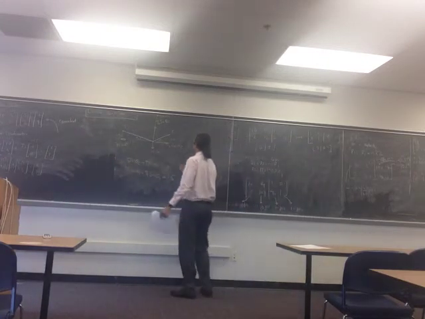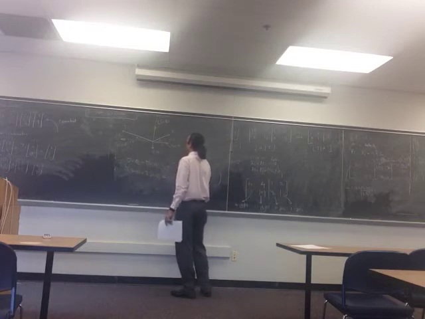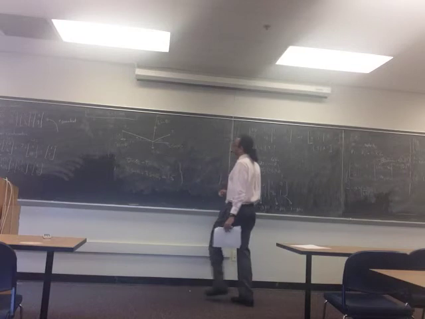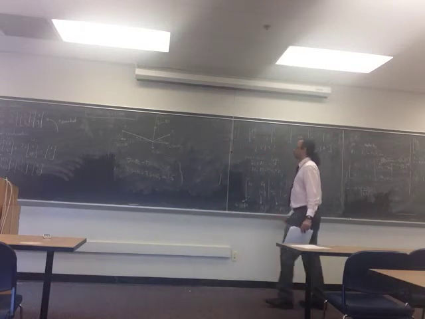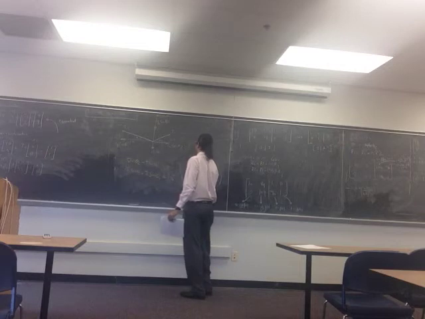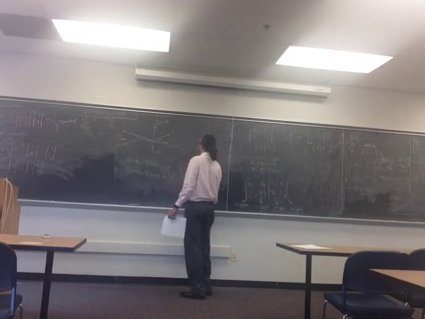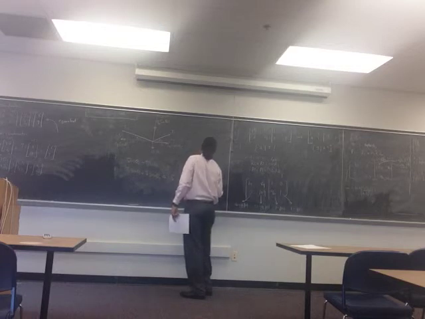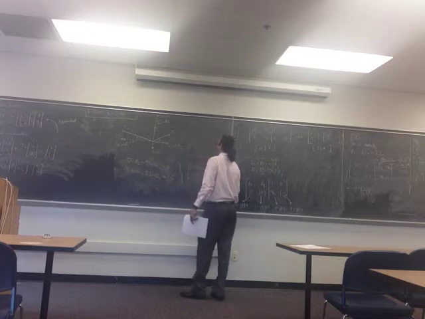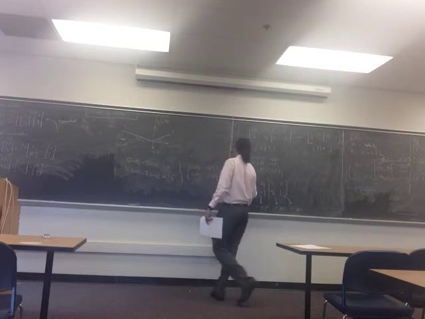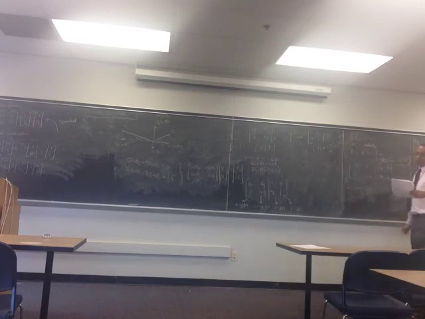You can write it like this: cosine theta 2, minus cosine theta 1, and sine theta 2, positive sine theta 1, times T2, T1 equals 0, 1.5. Then you can solve this.